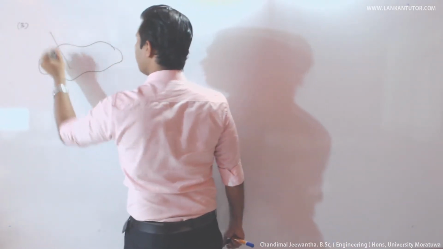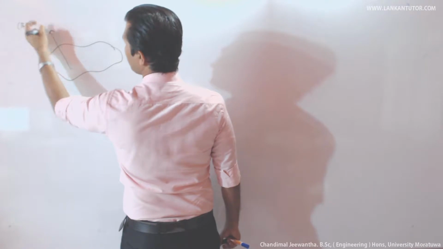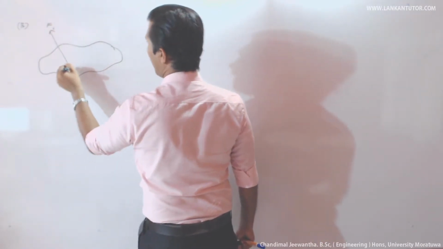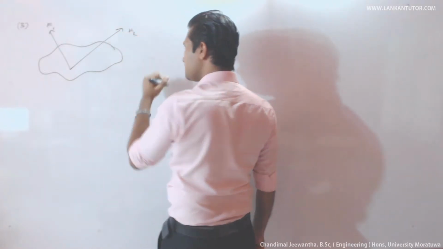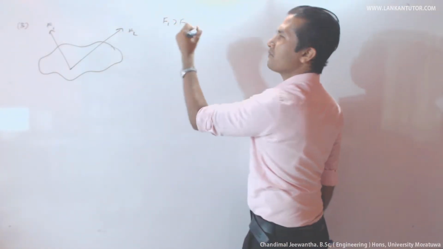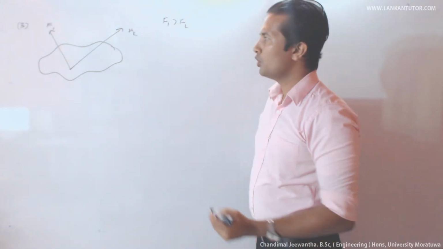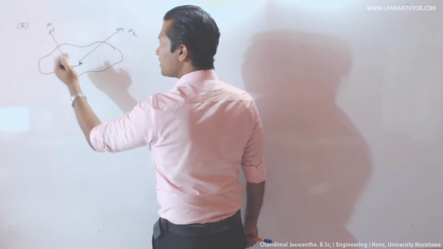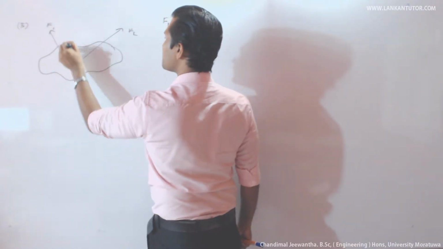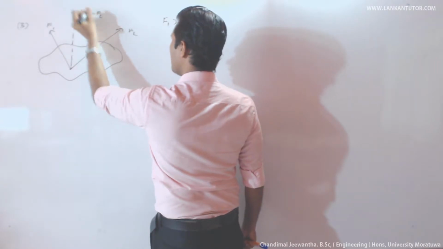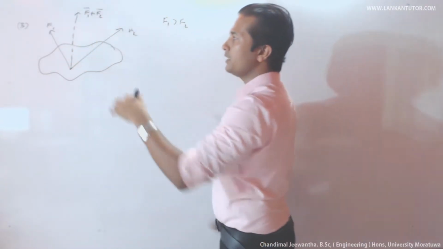So if F1 and F2 are just like this, and you are given that F1 is greater than F2, first of all you have to get the resultant of these two. Just like this. So this gives you the resultant.